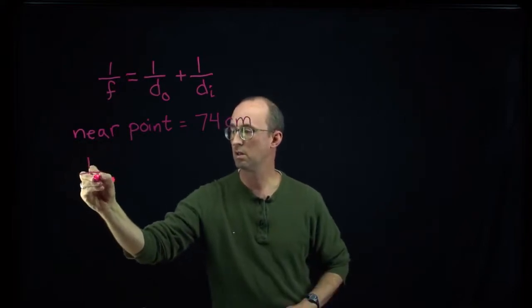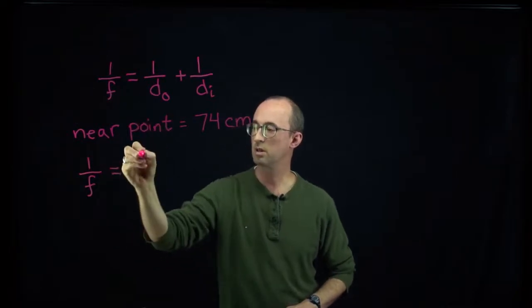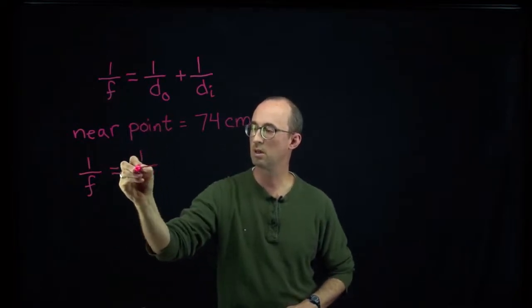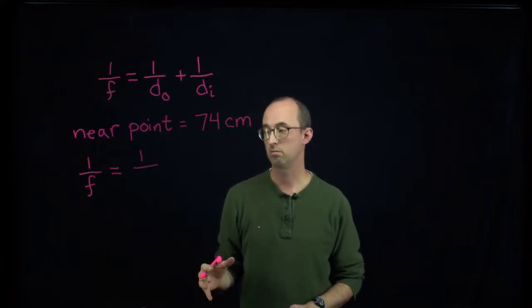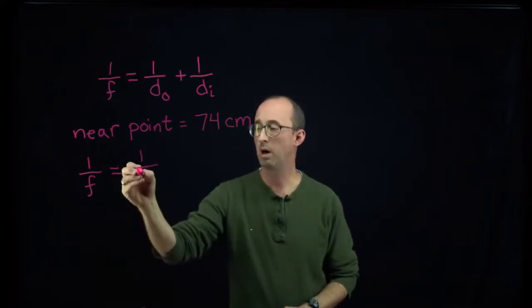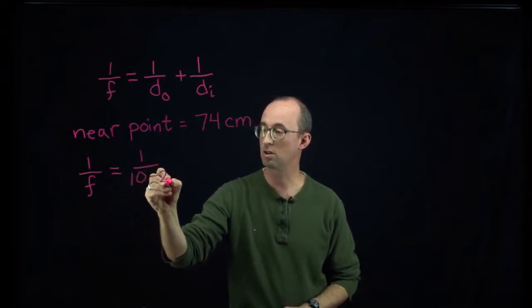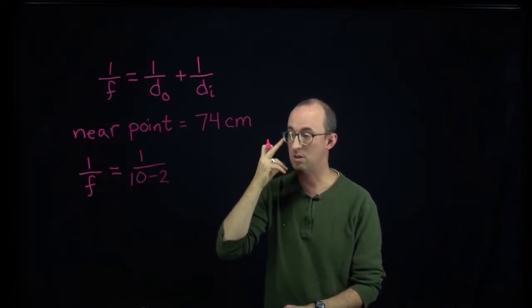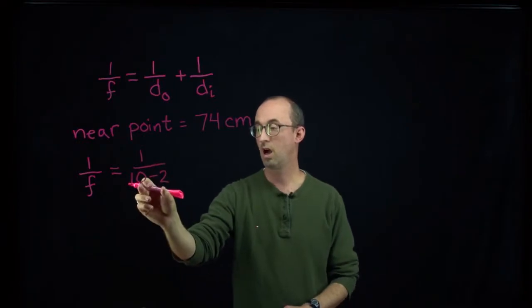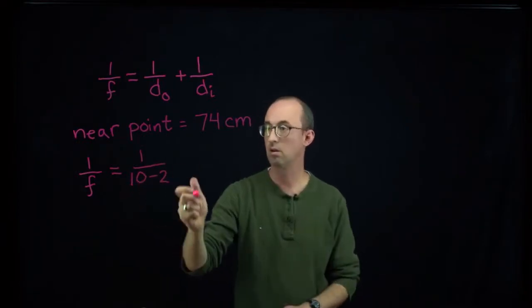Using the formula, the object distance, we want the object to be 10 centimeters from the eye. You know, that's as close as we want to get. But that means, of course, it's going to be 8 centimeters. We have to subtract the 2 centimeter distance between the glasses and the eye. So the object is actually going to be only 8 centimeters away from the lens.